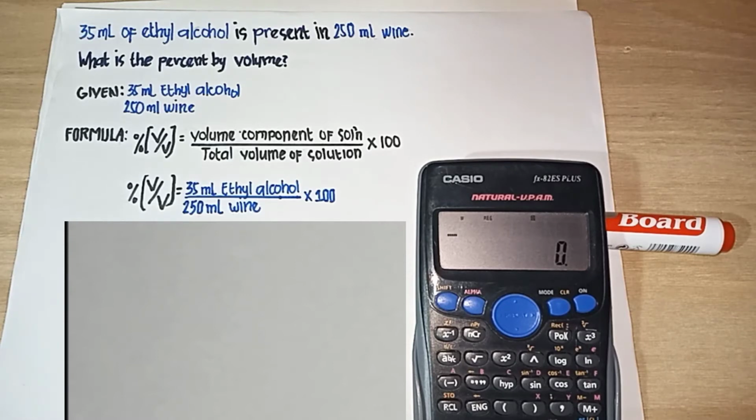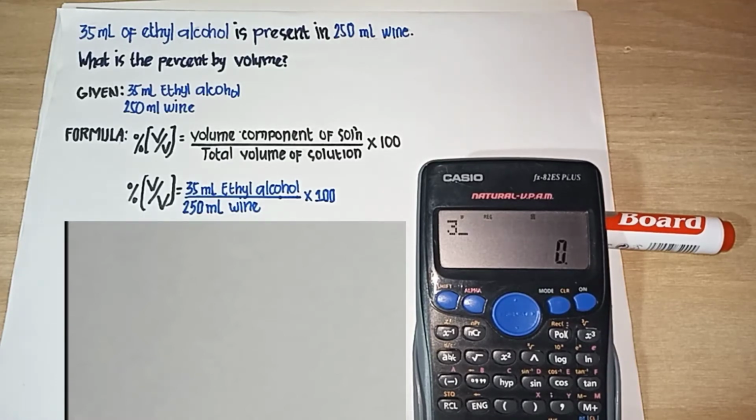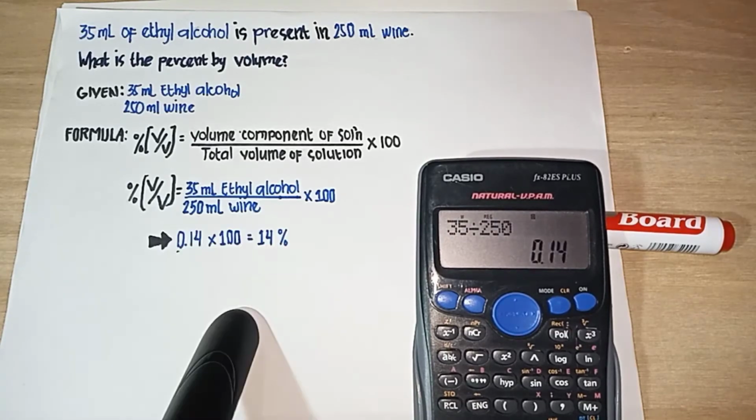So 35 ml divided by 250 ml. So cancel the units. Then 35 divided by 250 is equal to 0.14, times 100 is equal to 14. So that would be our final answer.